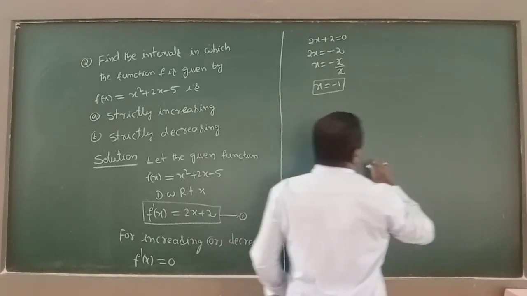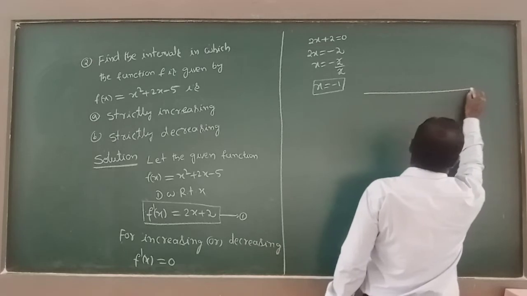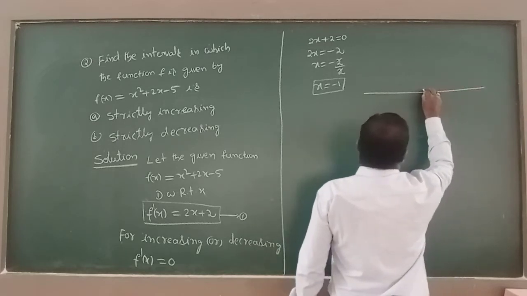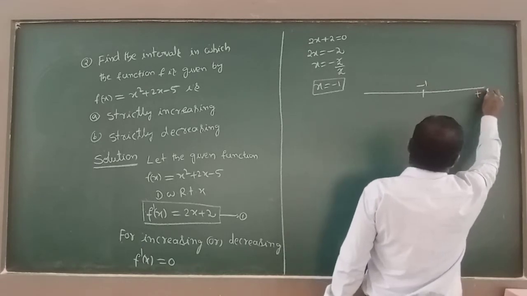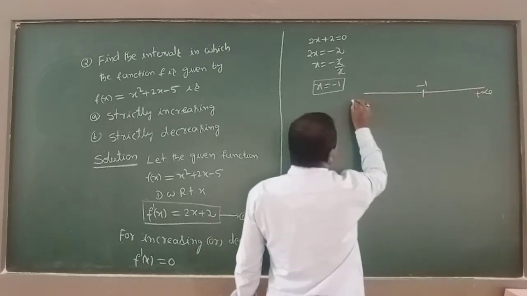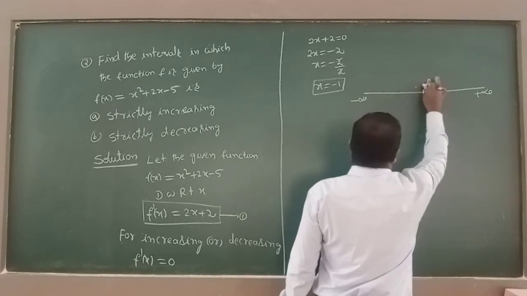At the same time, let us plot that number on the real number line like this. Here minus 1 will come. This side is plus infinity and this side is minus infinity.